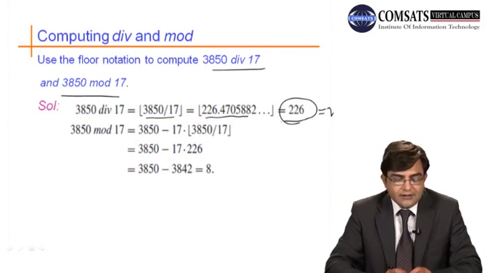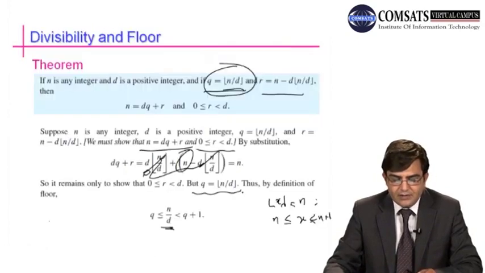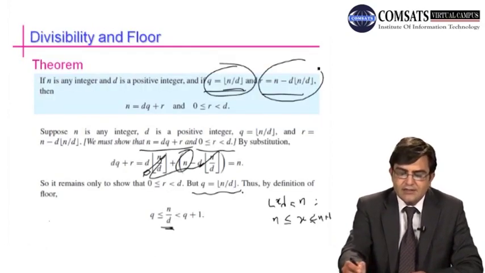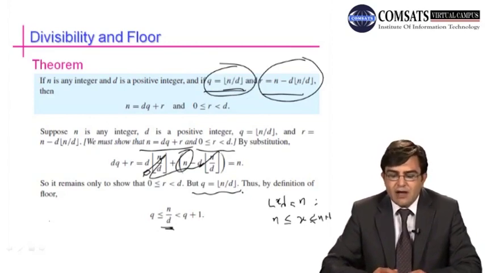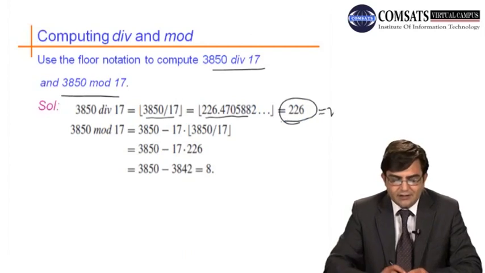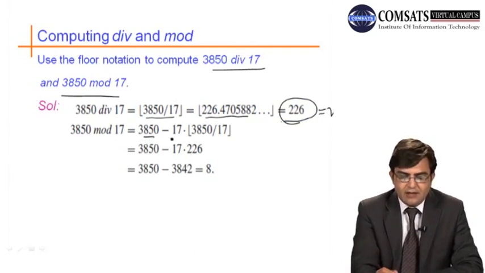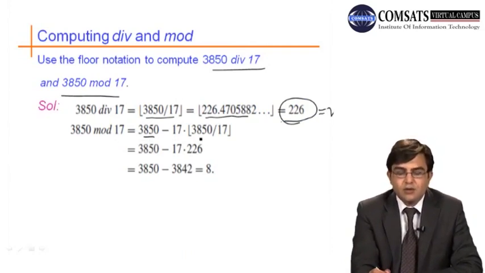Now to calculate 3850 mod 17, we know that r is equal to n minus d into floor of n by d. So using this definition, here it is n, and this is d. So n minus d into floor of n divided by d.